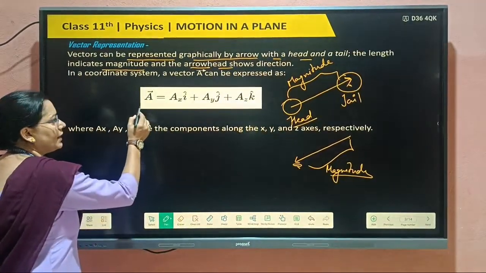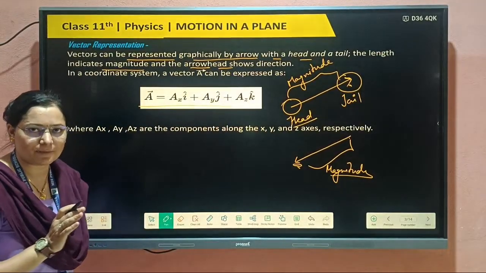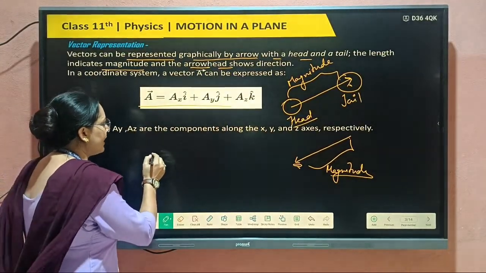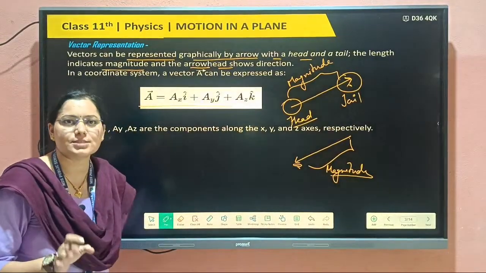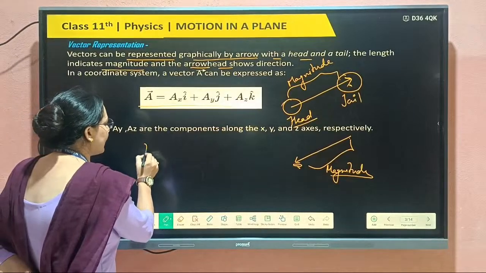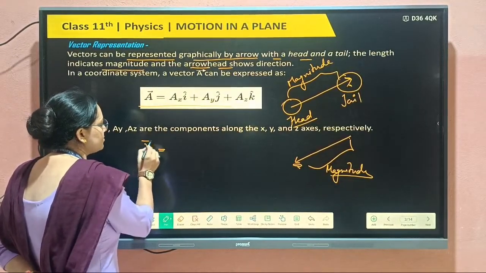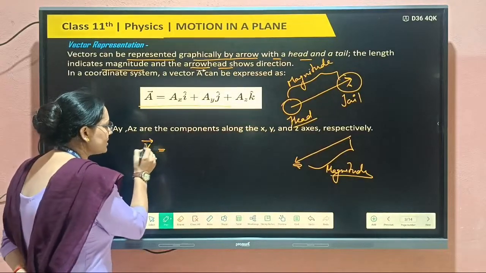Okay, so here by using this syntax we can write any vector quantity. For example, if we are writing here displacement, I told you that is a vector quantity. Okay, let us take x as displacement, and we can represent this displacement in the form of the vector, this one symbol.